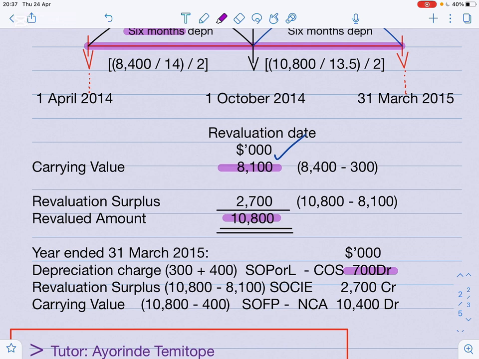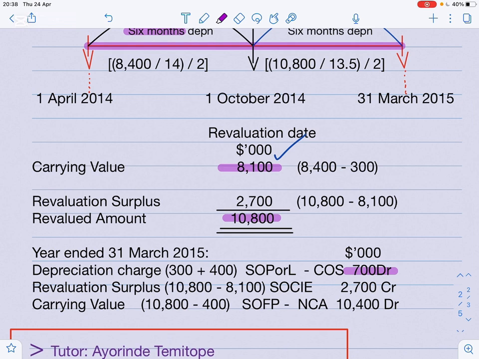But if you look at it, I also put debits. So the debit is talking about the nature of this depreciation. So depreciation is an expense, and for every expense you have in the expense account, it is going to be a debit entry. So this $700,000 is an expense.